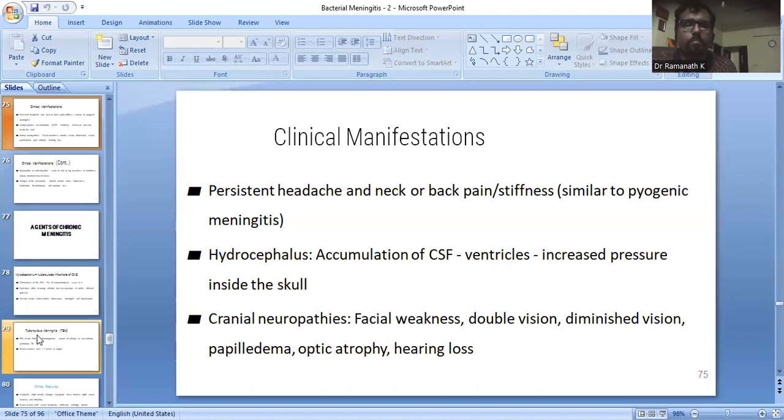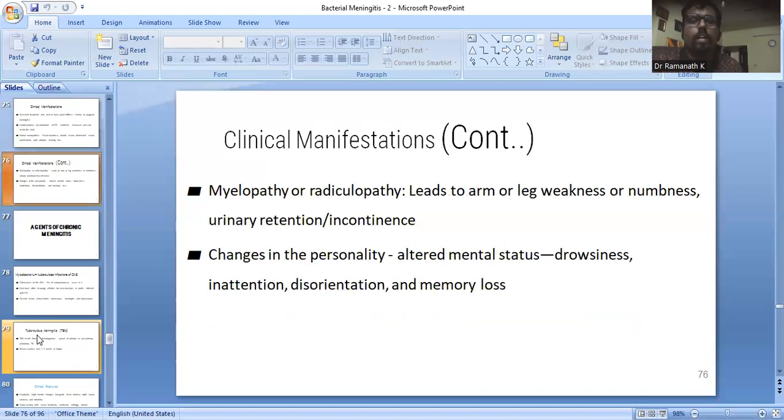Sometimes cranial neuropathies can also develop, like facial weakness, double vision, diminished vision, papilledema, optic atrophy, and hearing loss in chronic bacterial meningitis. Myelopathy or radiculopathy leads to arm or leg weakness or numbness.